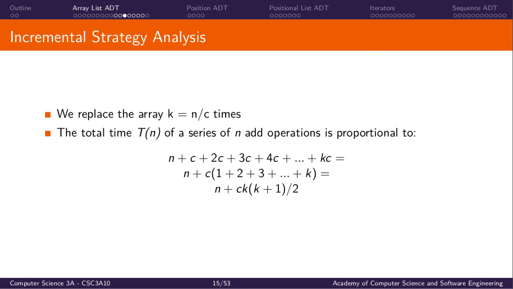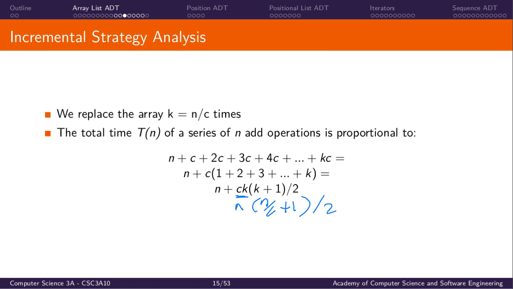However, if we substitute our n over C for each k right here, we'll end up with n plus n on the outside, because it's C multiplied by n over C. On the inside, we have n over C plus 1, and all of that divided by 2. We end up with an n here, and over there an n over C plus 1, all divided by 2.